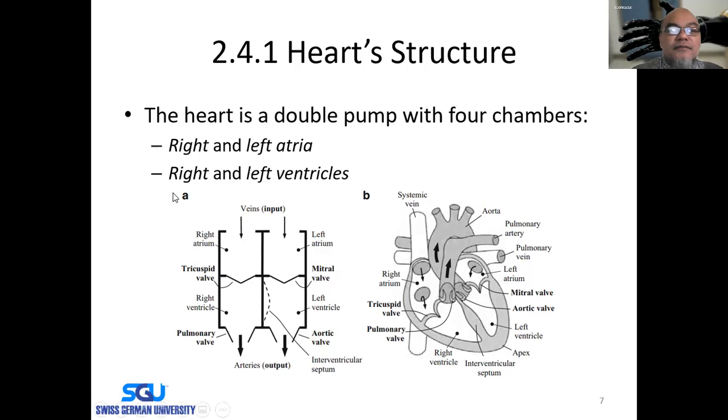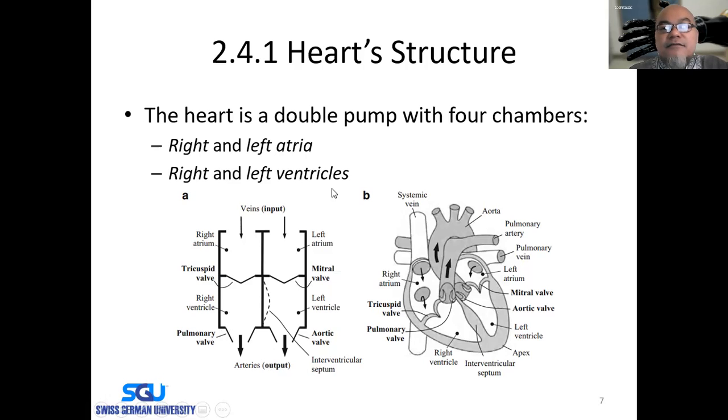Okay, so the right atrium receives blood from the vein, and it has this tricuspid valve. So this is the first pump on the right side of the heart, the right atrium and the right ventricle. The blood from the systemic circulation enters the vein into the right atrium, then goes to the right ventricle before being pumped through the arteries into the lung, through this pulmonary valve.